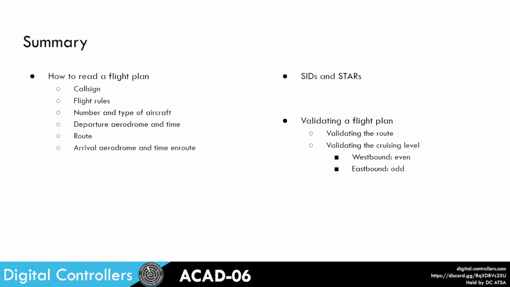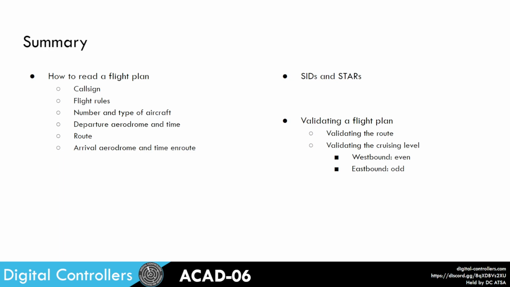So to summarize this, we had a look at how we read flight plans and the contents of such a flight plan. For example, the call sign, flight rules, the number and type of aircraft, the departure aerodrome and departure time, their routing, and then their arrival aerodrome and time en route.